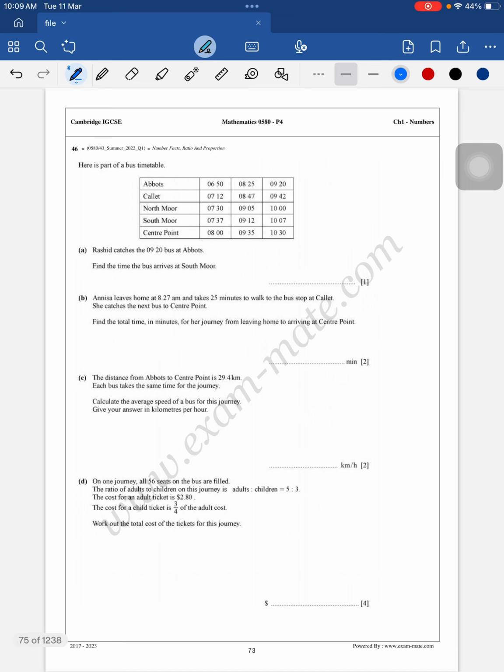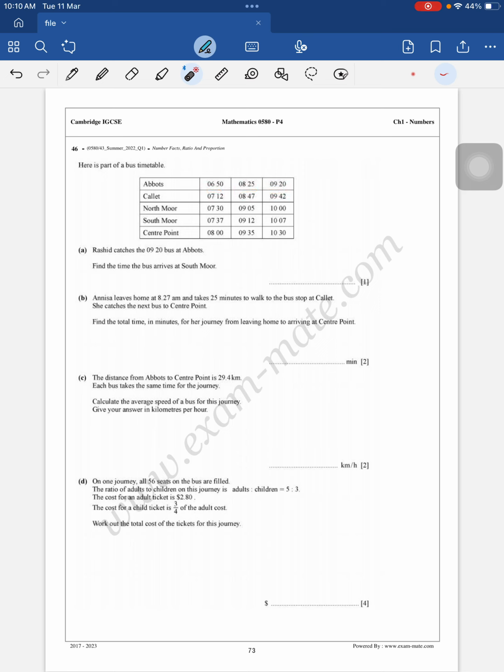Okay, question number 46. Rashid catches the 0920 bus at Abbots. Find the time the bus arrives at Southmore. No, he is catching the 9:20 bus at Abbots. That is this time at Abbots the bus is coming. So 9:20 he catches. He arrives at Southmore at 10:07.